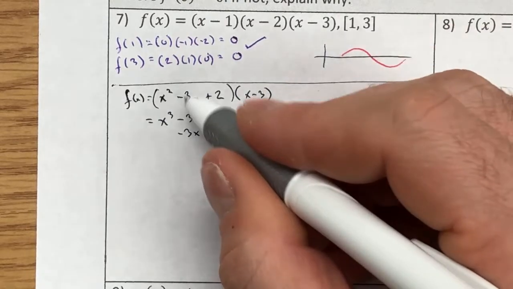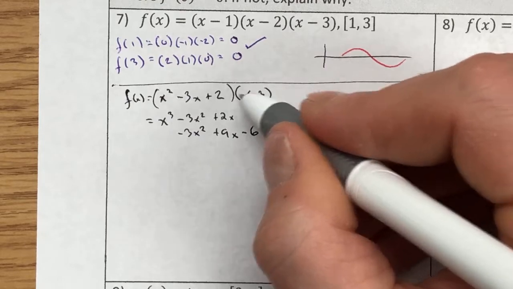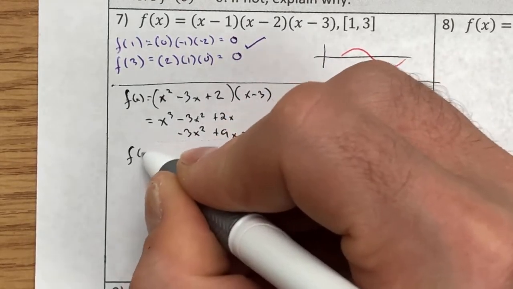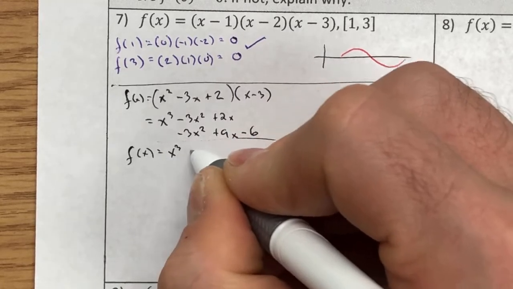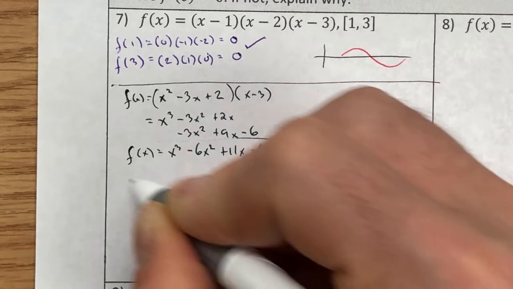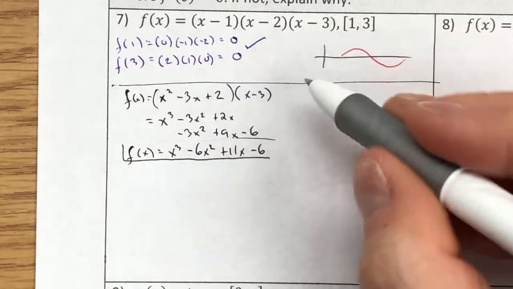Yep, so plus 2. So we have 9 and then 6, yep. So if I add those values up, I get f of x is equal to x cubed minus 6x squared plus 11x minus 6.